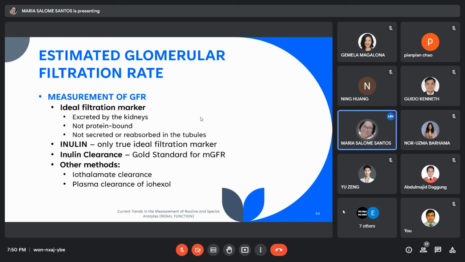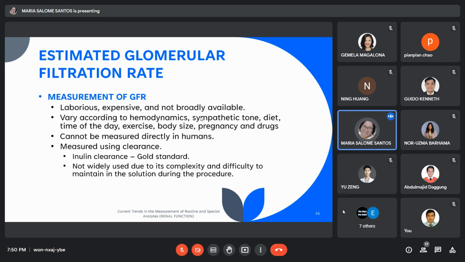Other methods are iothalamate clearance and plasma clearance of iohexol. As stated earlier, the measurement of GFR is laborious, expensive, and not broadly available. It varies according to hemodynamics, sympathetic tone, diet, time of the day, exercise, body size, pregnancy, and drugs.